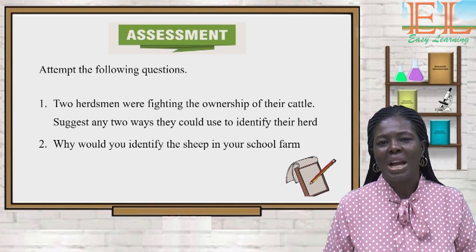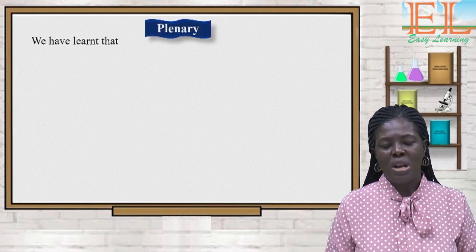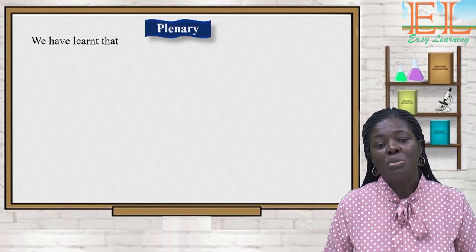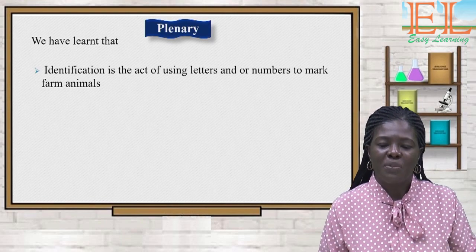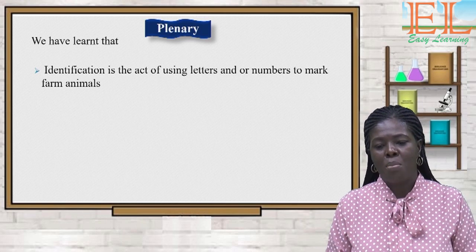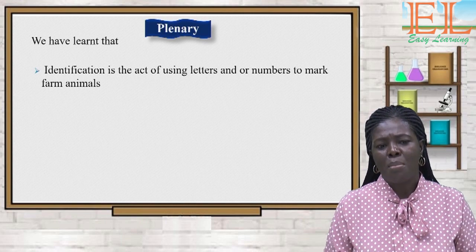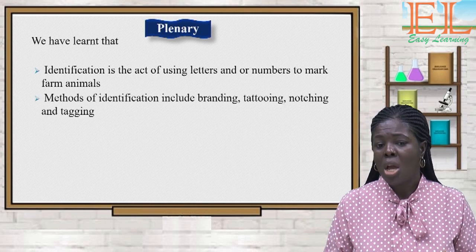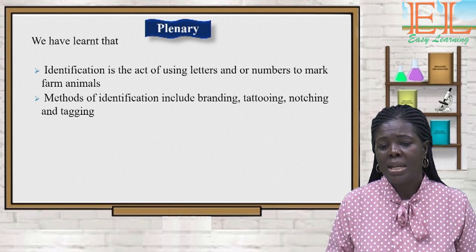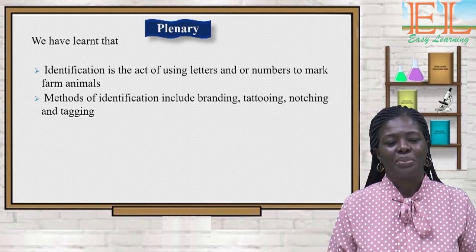All too soon, we have come to the end of our lesson. What have we learned? We've come to realize that identification is the act of using letters and or numbers to mark farm animals. We also looked at the methods of identification, and we said they include branding, tattooing, notching, and tagging.